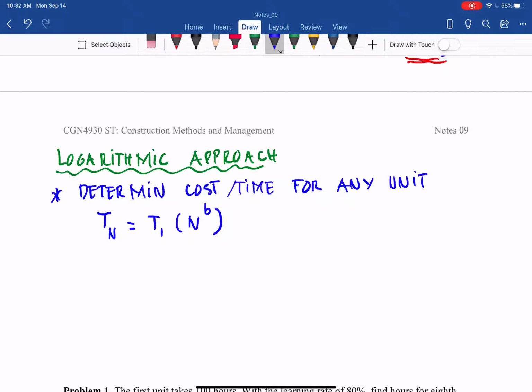What is b? b equals the log of L, the learning rate, over the log of 2, and that is the slope of the learning curve.